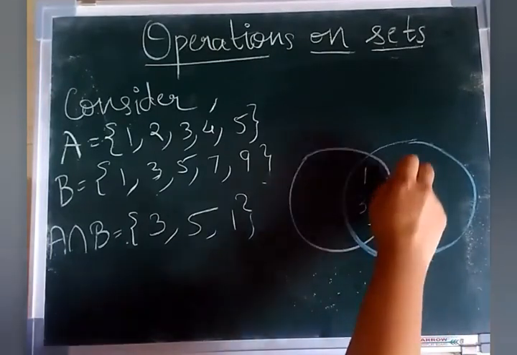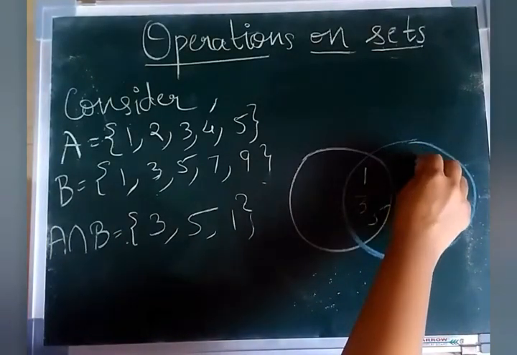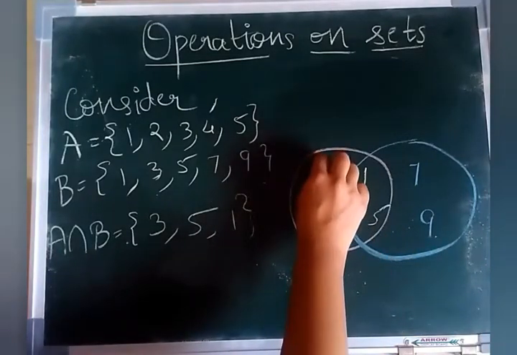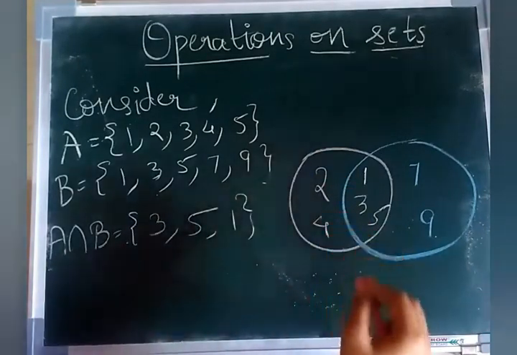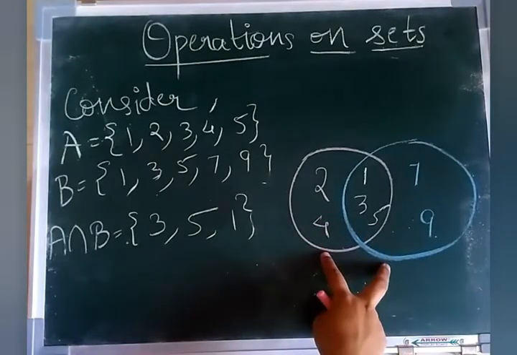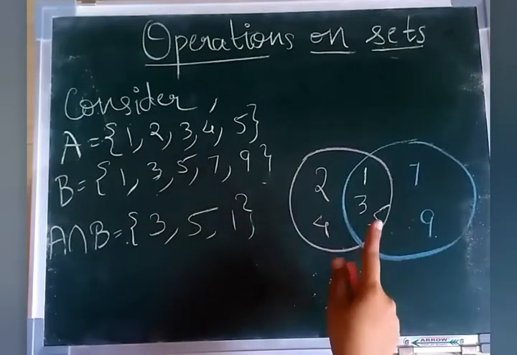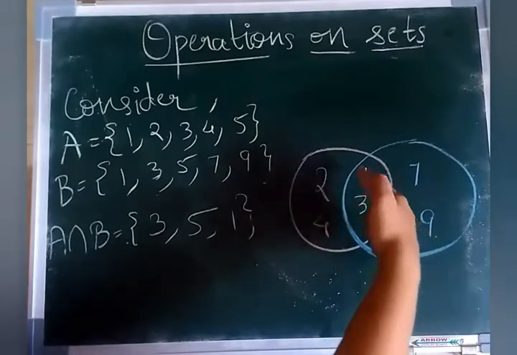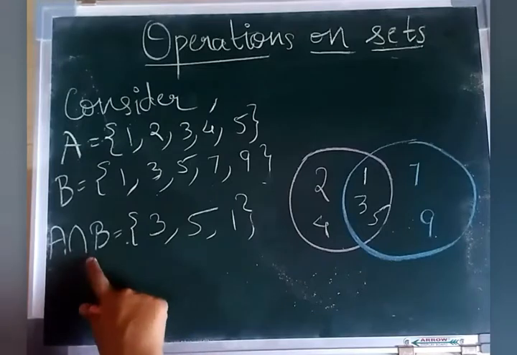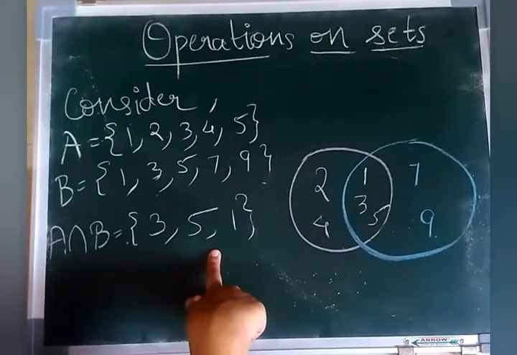And here I have the rest, 7 and 9. Here is 2 and 4. Okay, so if we represent two sets with two different colors, then the common area will consist of the elements which belong to the intersection of those two particular sets.